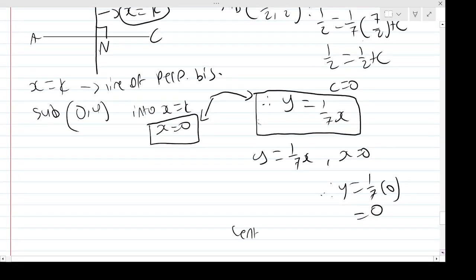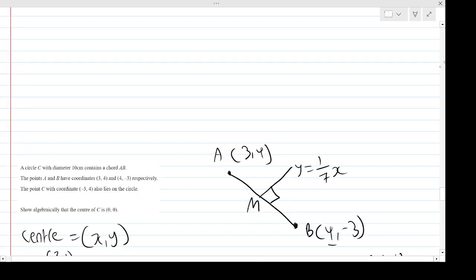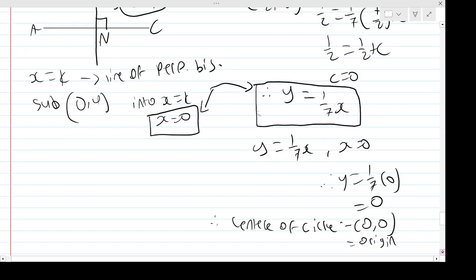So the centre of the circle therefore must be, if x is 0, y is 0, which is the origin. Well, there we are then, we proved it. The centre is indeed 0, 0. Cool.